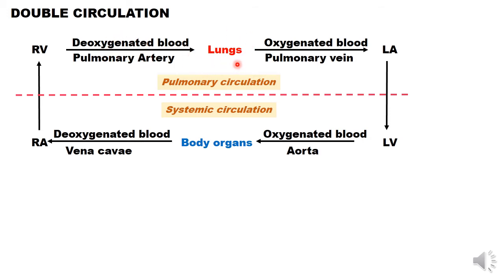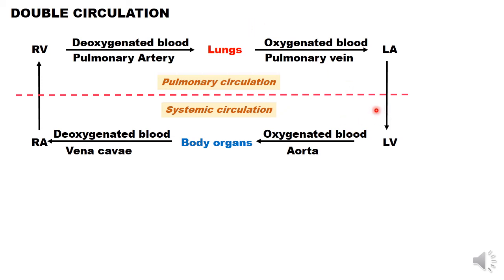Lungs are meant for oxygenation. So after exiting the lung, the blood will be oxygenated. And now the pulmonary vein is carrying this oxygenated blood and it will pour it into the left atrium. Now heart, lungs, heart. This connection of heart to lung and back to heart is the pulmonary circuit.